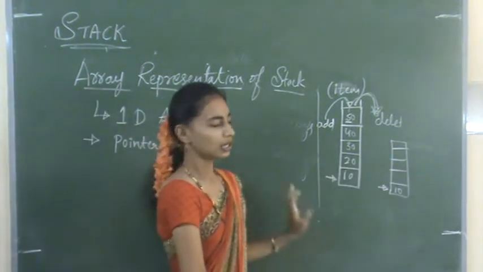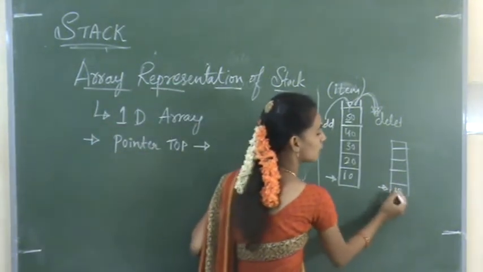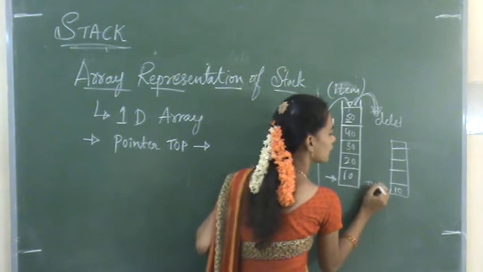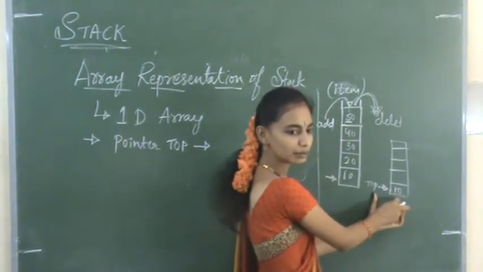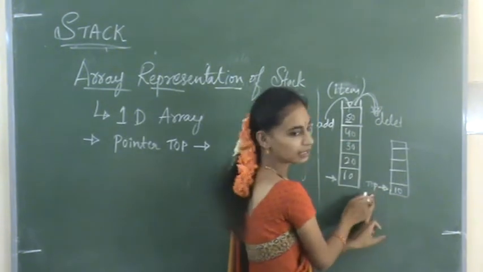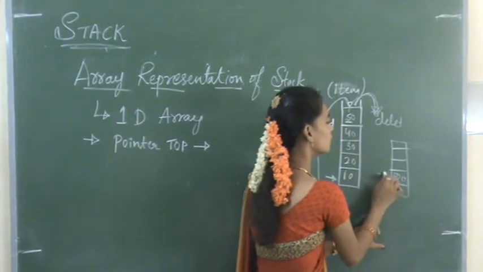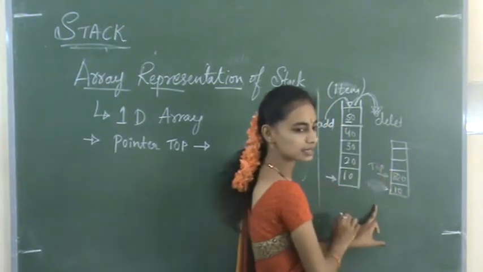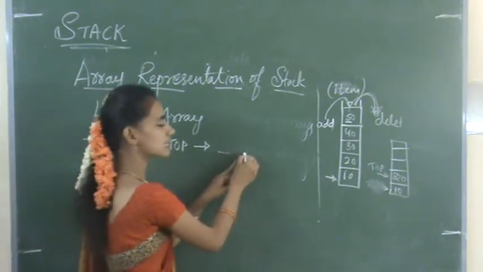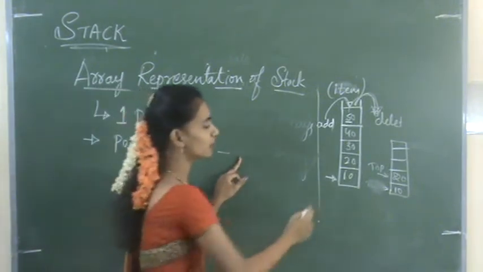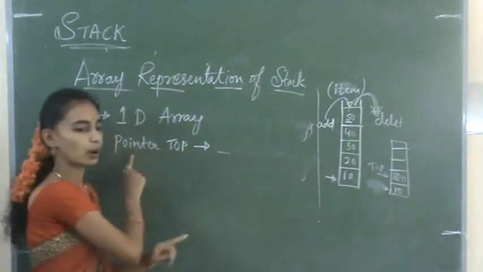Suppose I insert one element, now this becomes the top of the stack. If I insert another element, now this becomes the top of the stack. So this pointer top contains the location of the top element in the stack.